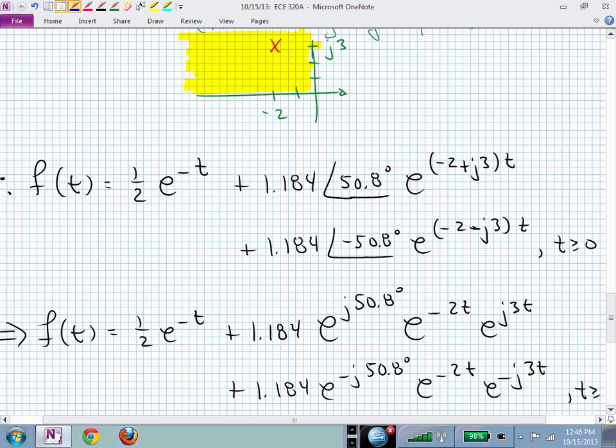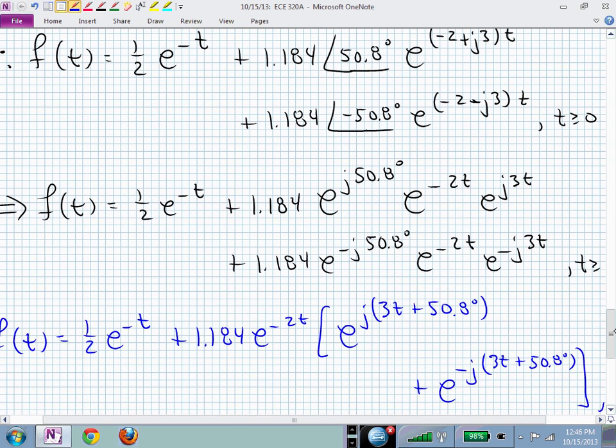Is everybody okay with this step, from the middle equation to the bottom equation? All we've done is rewrite the phasor in terms of e to the j theta. As I said, e to the minus 2t was common to both of those terms on the right. Magnitude was the same. That was the 1.184.